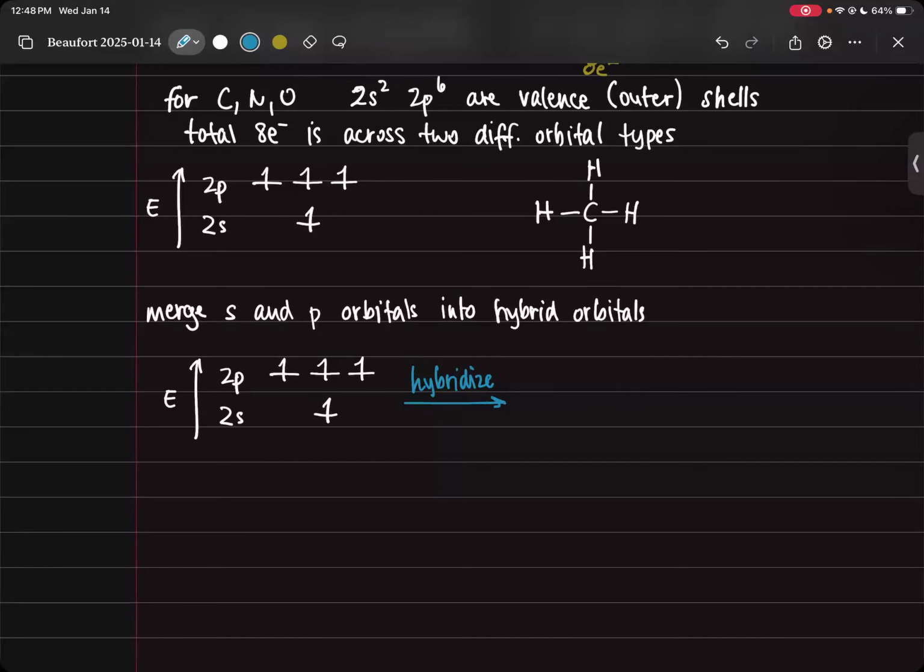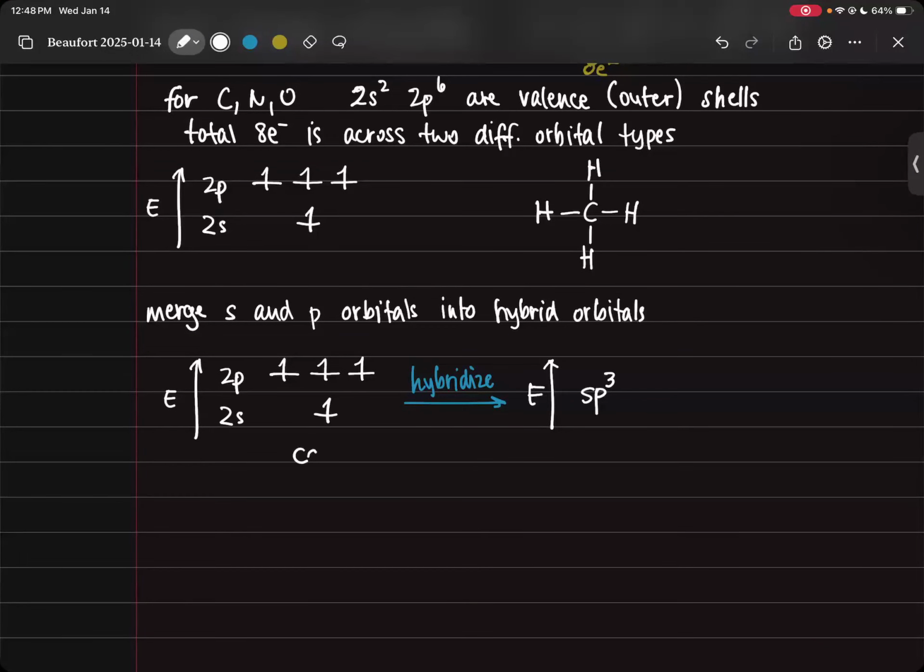A hybrid is just sort of an average of two things or a combination of two things. And so what we get when we hybridize one s orbital and 3 p orbitals is sp3, because there's one s orbital, 3 p orbitals. It's kind of like variables in math.